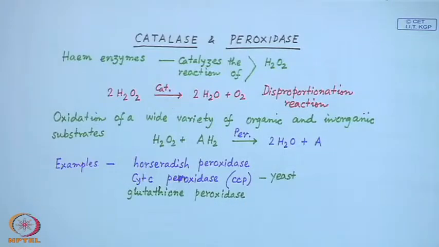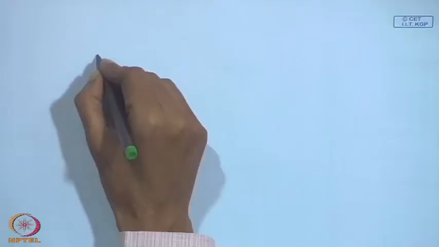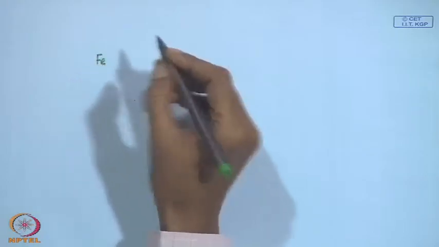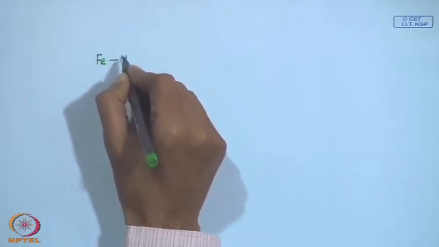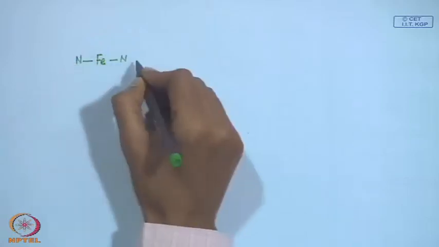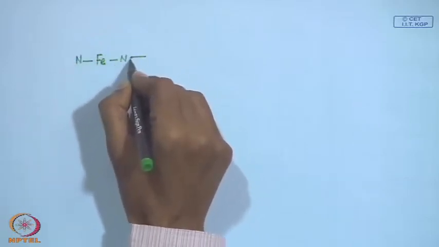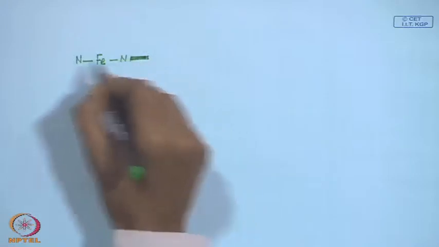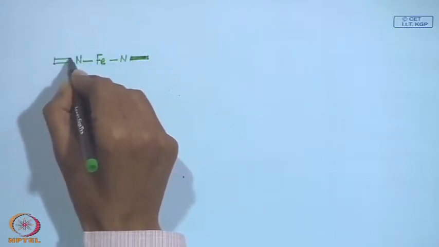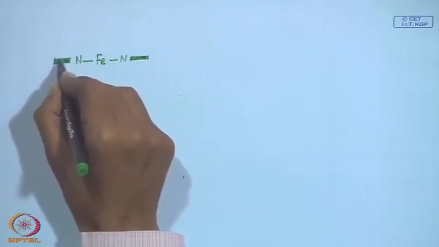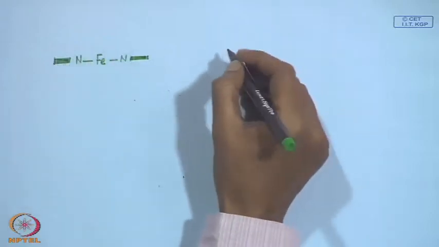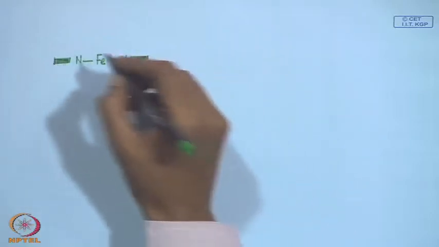So, in these peroxidase as well as catalase molecules, we see that you have the same protoporphyrin 9 backbone. We have iron, which is bound to the nitrogen of the porphyrin ring, so we all know now what the myoglobin, hemoglobin and cytochromes are.